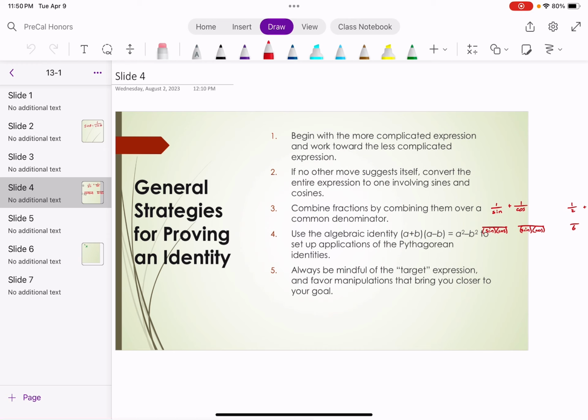Number 4, use the algebraic identity of a plus b times a minus b is equal to a squared minus b squared. This is your difference of powers.